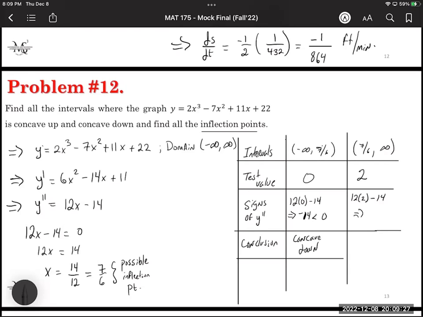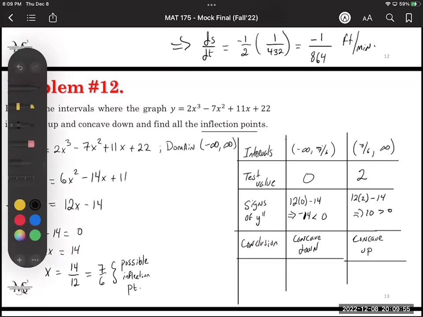Well, 12 times 2 is 24, and 24 minus 14 is 10. So is 10 less than or greater than 0? Greater. So this is going to be concave up.